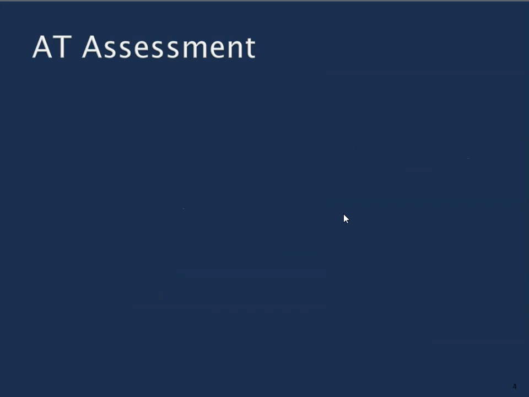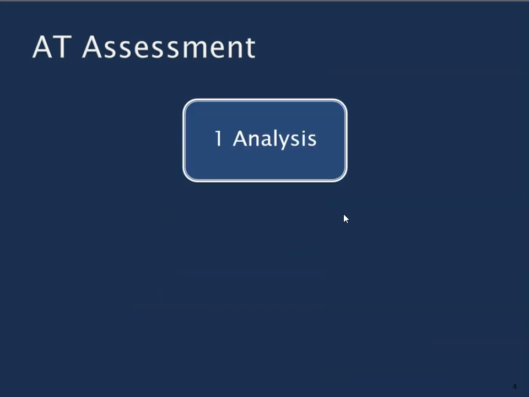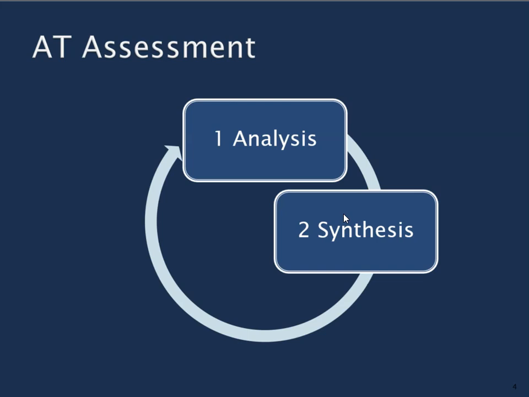Now, looking in more detail at the assessment meeting, it's based on an analysis, gathering the information in regards to the client, their sensory abilities, range of motion, language, physical impairments, visual, etc., and introducing technologies to the client, getting the client to try out the technologies.